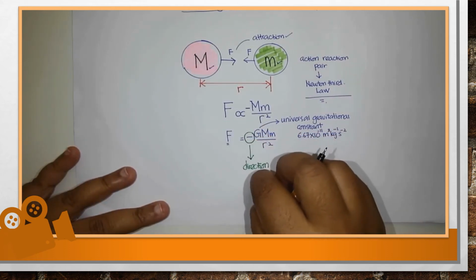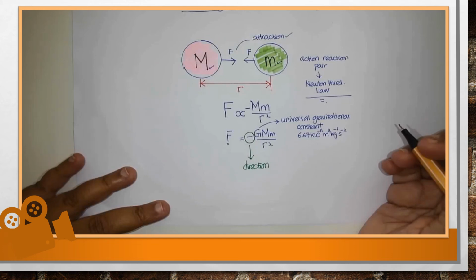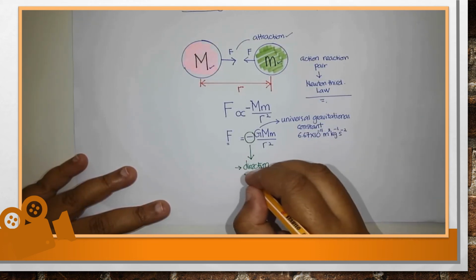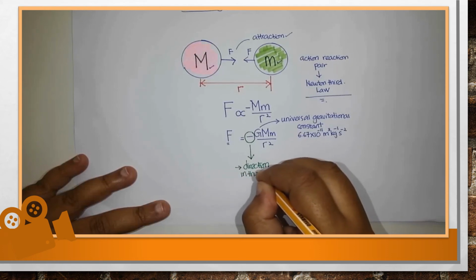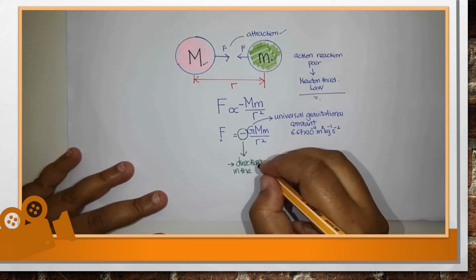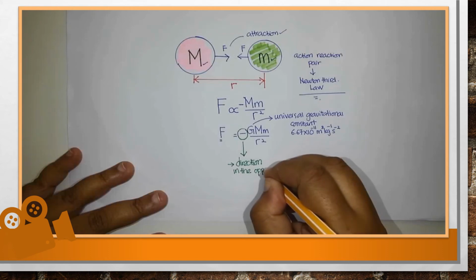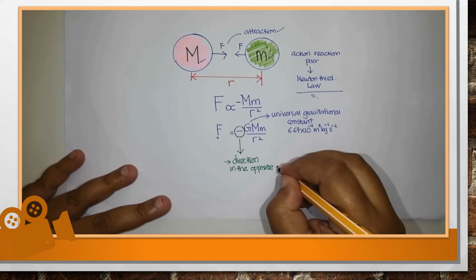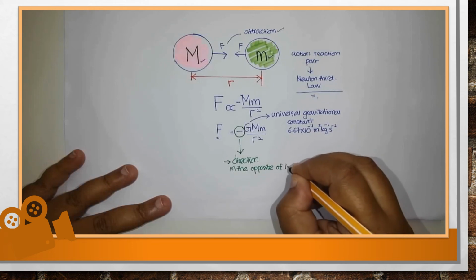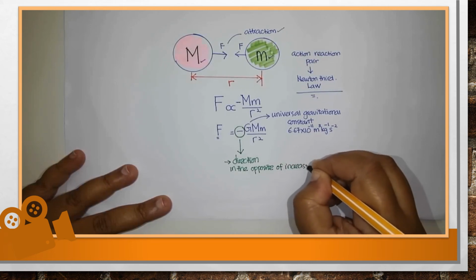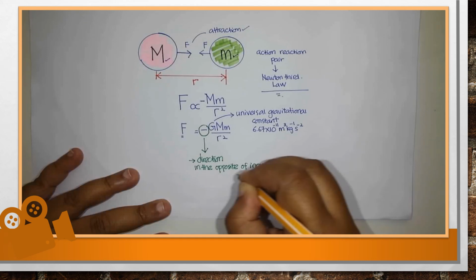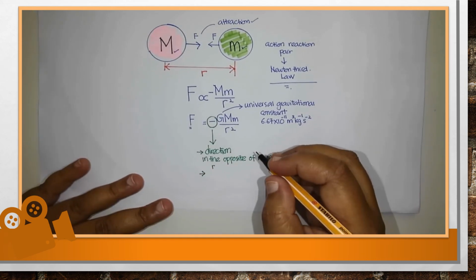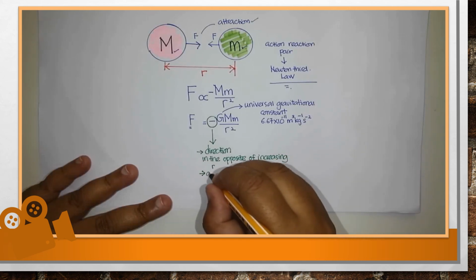The negative tells you that the direction is opposite to the direction of increasing r, and also that the gravitational force is an attractive force.